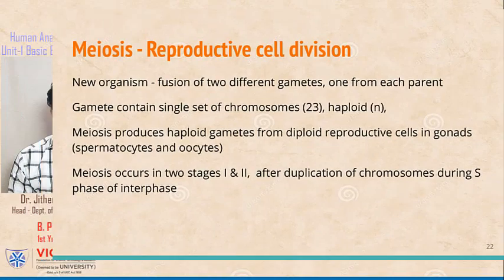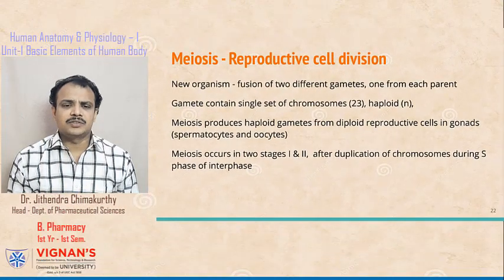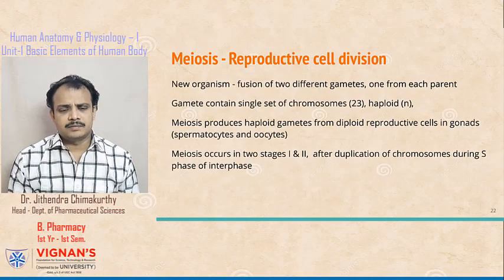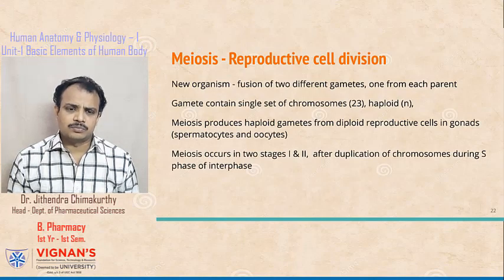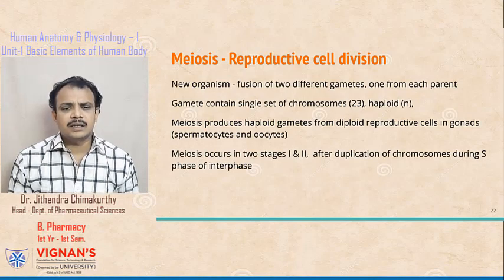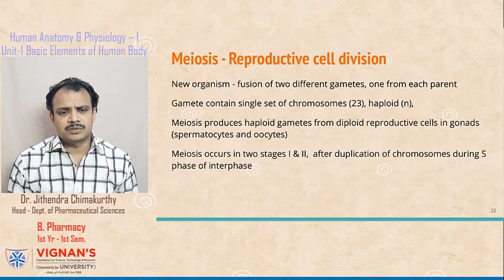And at the end of meiosis, it leads to formation of four different daughter cells, which will have only a haploid number of chromosomes, that is only 23 chromosomes, as these gametes are intended to fuse with another gamete to form a diploid zygote. And hence these are the two differences in meiosis when compared to mitosis.